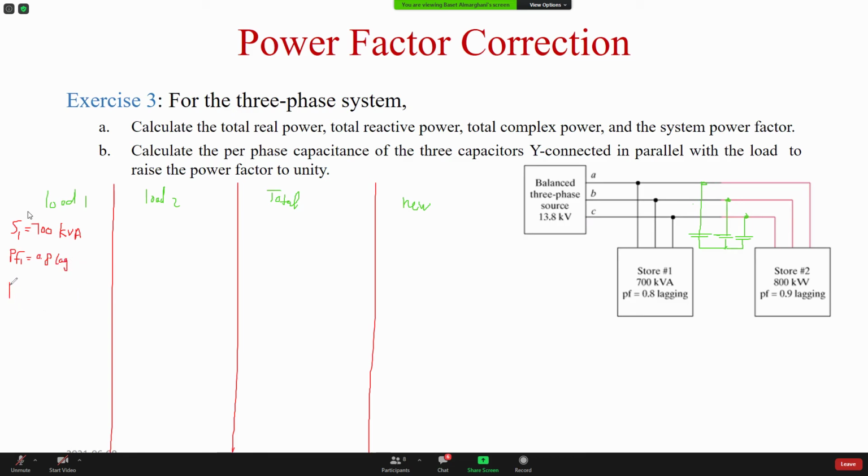Now we can find P1, which is S times the power factor, S cosine. So this is 700 times 0.8. That gives me 560 kilowatt.